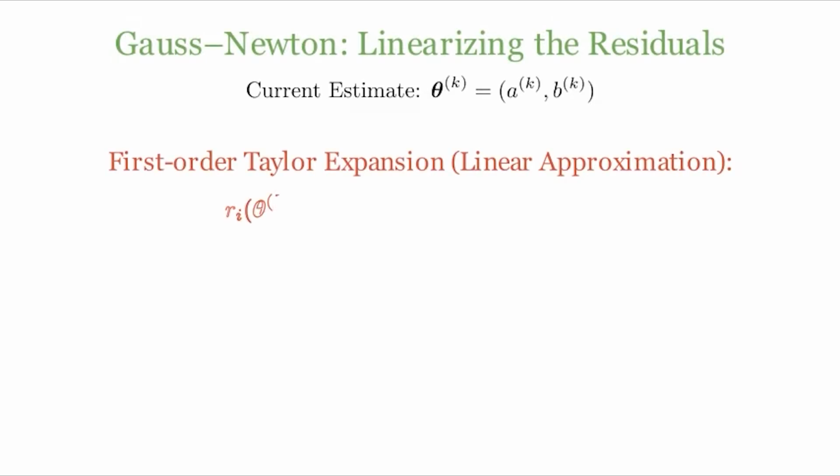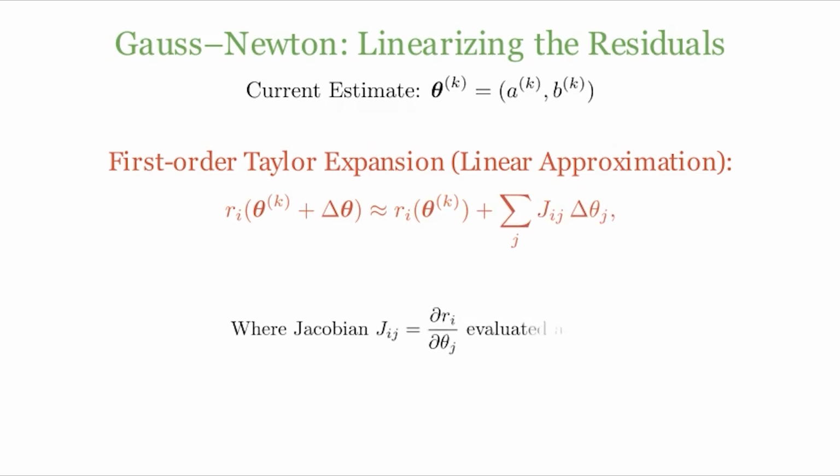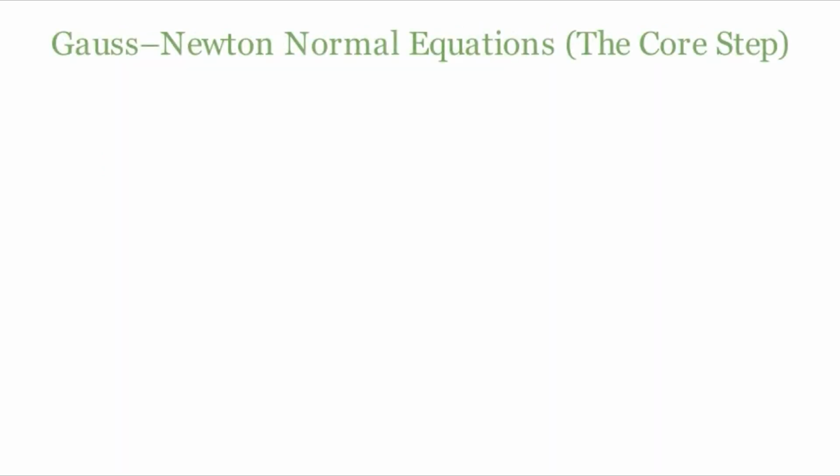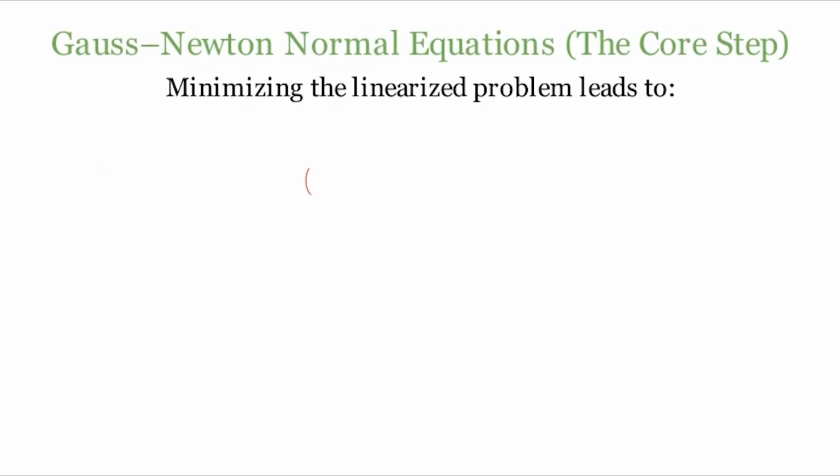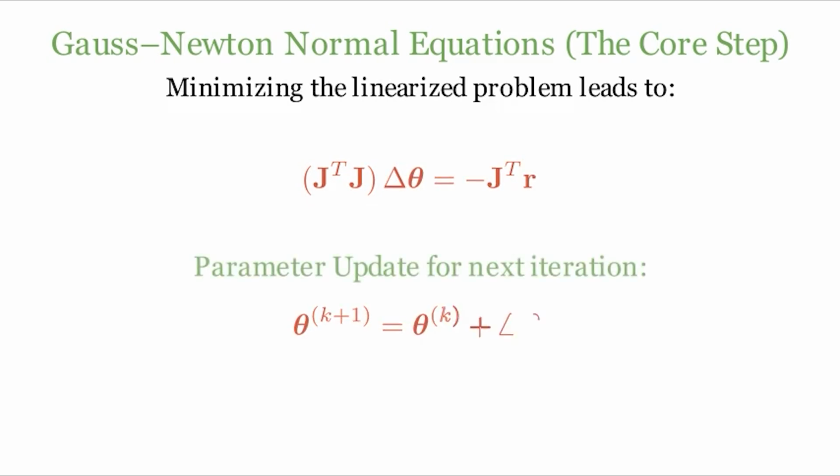In the Gauss-Newton method, we solve by linearizing the residuals. We do a first order Taylor series expansion of the residual, and then using that Jacobian information, we evaluate the corrected step. This change in theta is calculated by solving this linearized problem and then updating the current step.